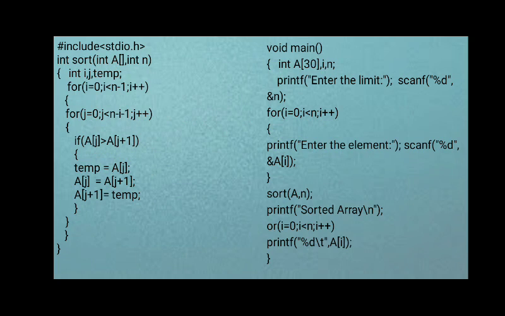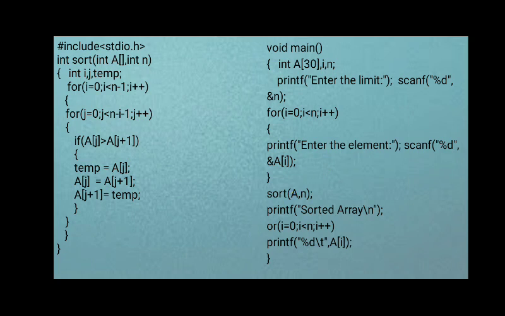So when we are writing the definition or declaration, you need not specify the size of the array. And when we are calling the function, we just have to give the name of the array, and the second parameter, which is the number of elements in the array.